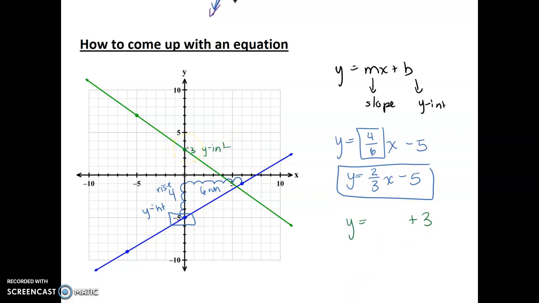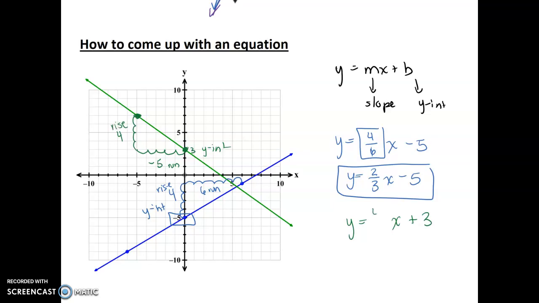Now to find my slope, which is in front of my x, I need 2 points. I've got a point here, and I'm going to use this point over here. To get from this point to the top point, I go 1, 2, 3, 4, 5. Because I'm going to the left side, that's -5 as my run. Then to go up to the point, I go 1, 2, 3, 4, so 4 is my rise.